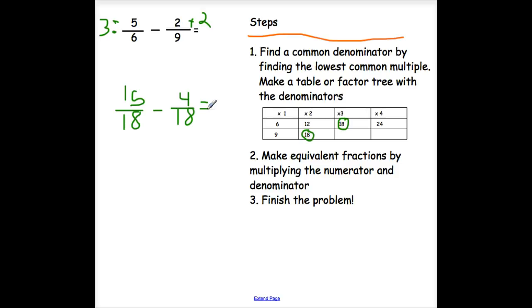And then we have to finish our problem by just saying 15/18 minus 4/18 is 11/18.